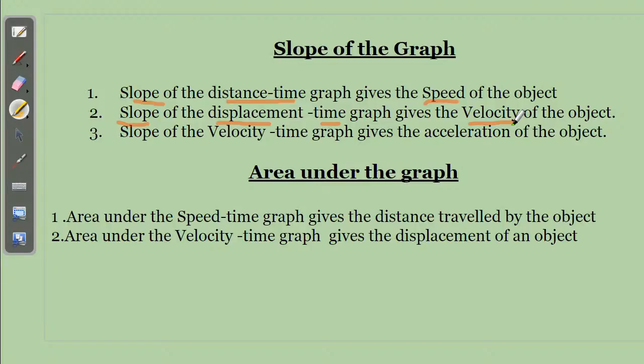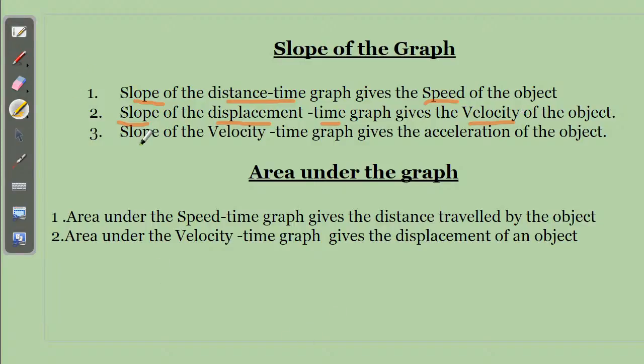Displacement is equal to distance traveled since we are dealing with a straight line motion. Most of the problems you will deal with in your 9th standard classes will be based on straight line motion. So you can calculate your speed from the distance time graph and velocity from the displacement time graph just by calculating the slope.